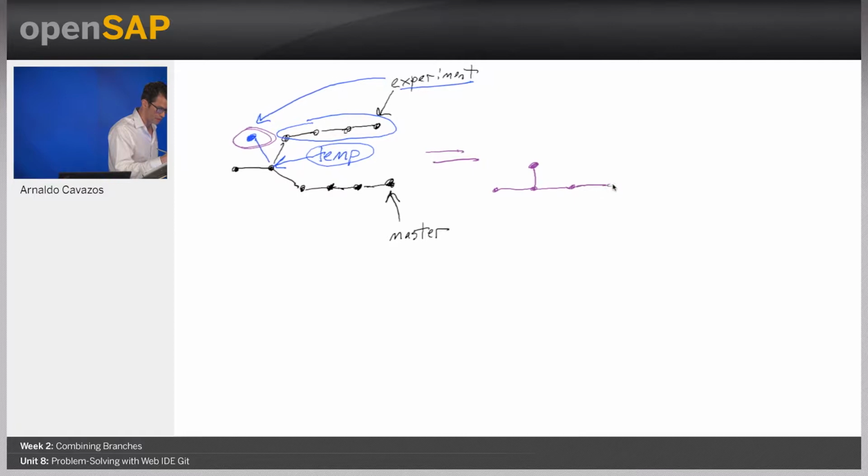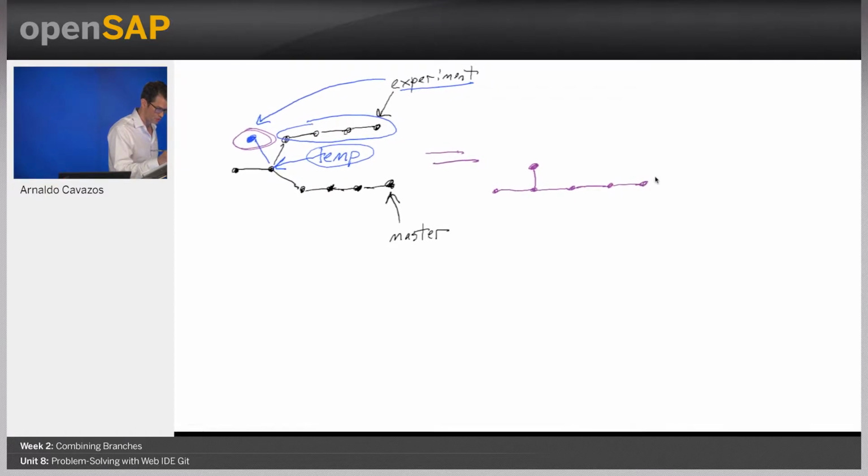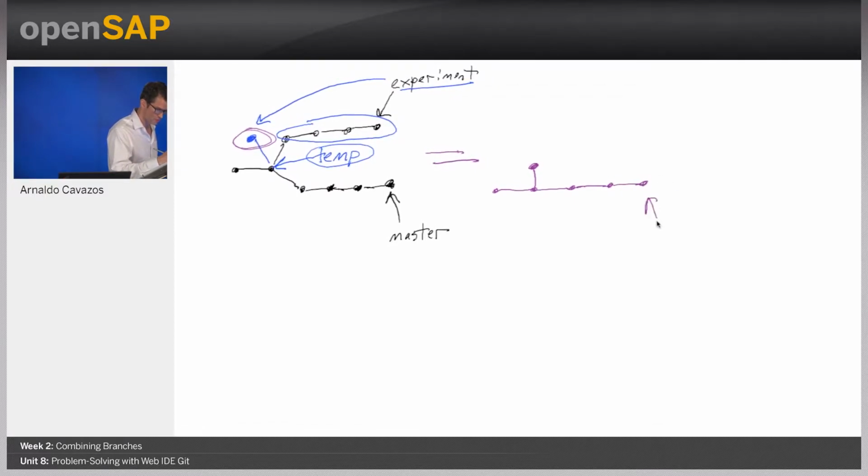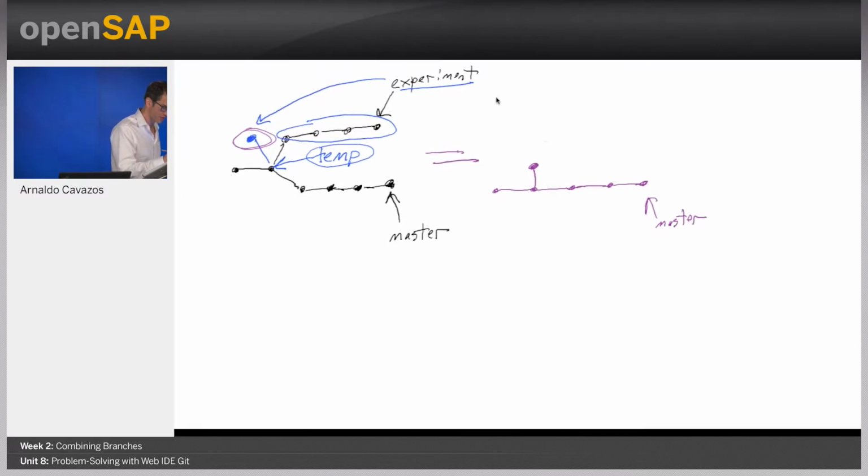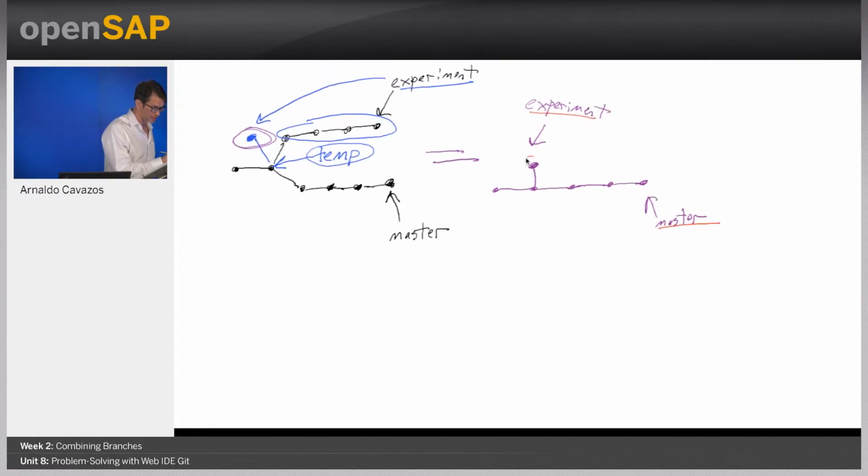You have this master. After your first mixed reset, experiment goes here. So now you take a rebase and you rebase from here to here, which will take this one commit and boop, drop it on there, getting rid of this.